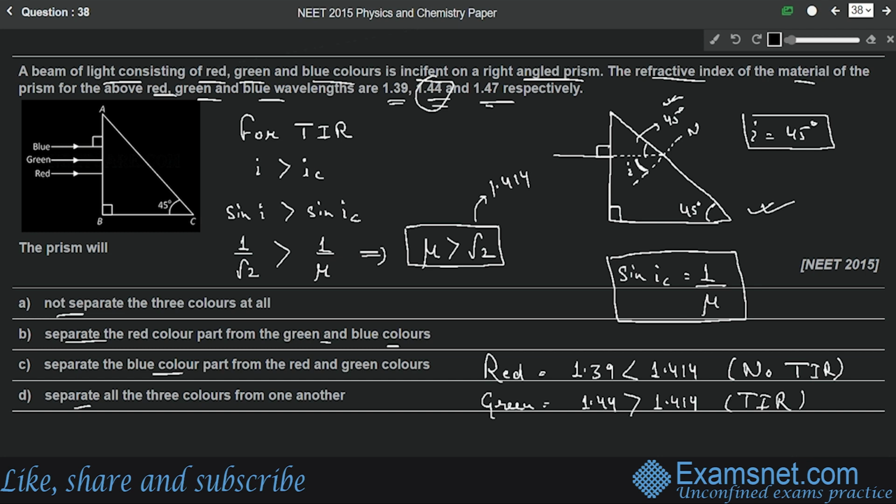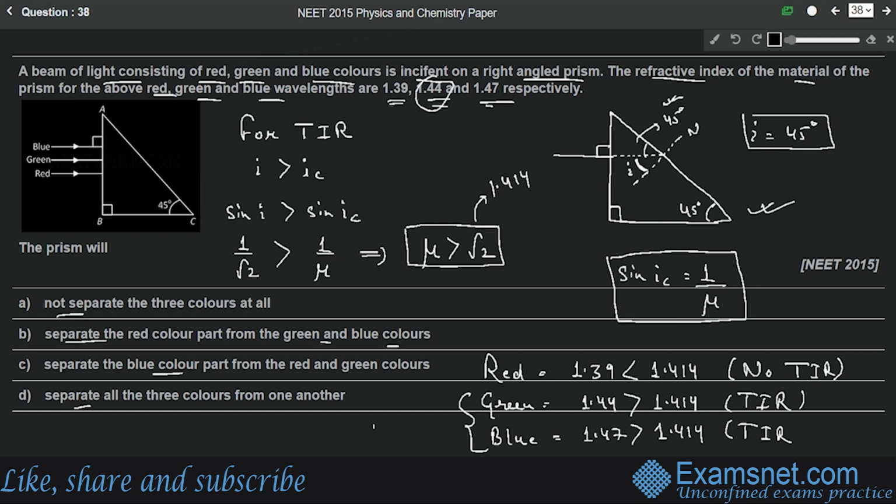And then the next color is blue color. For this, the refractive index is given as 1.47, which is again greater than root 2, greater than 1.414. So in this case also total internal reflection will take place. So for green and blue, total internal reflection will take place.